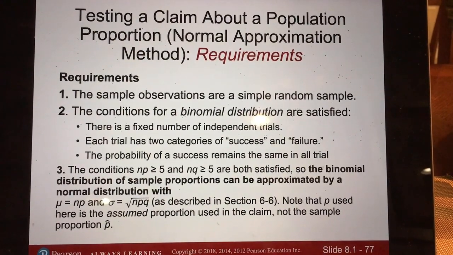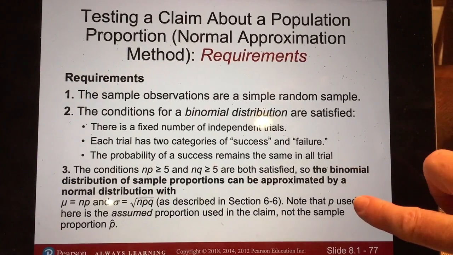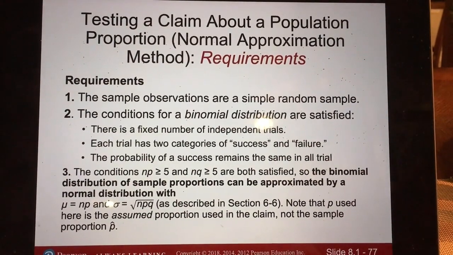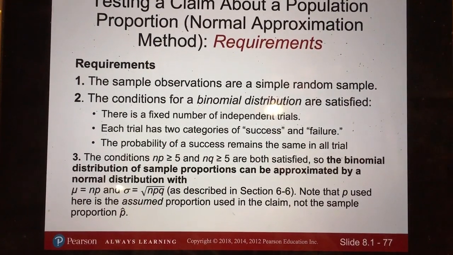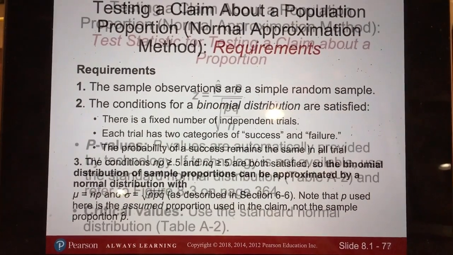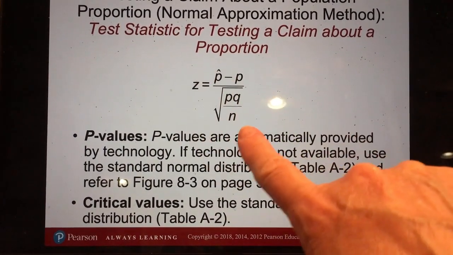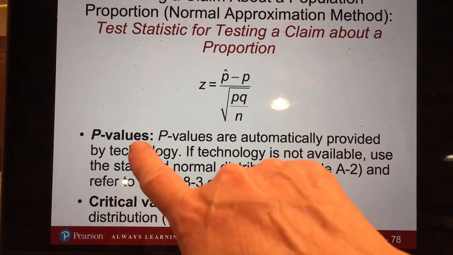The requirements, you've seen these before. These are the exact same requirements that you saw in 7.1. Okay, so no difference. These were the same ones you saw in 7.1. And there is our test statistic, how we calculate the z-score.